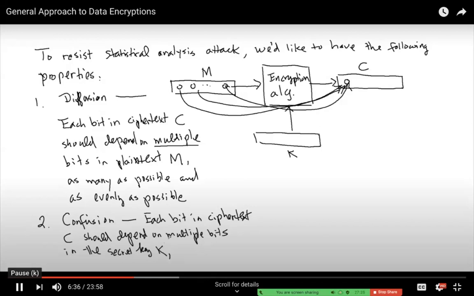Same thing, as many as possible and as evenly as possible. So there are as many bits in K as possible and as evenly as possible.